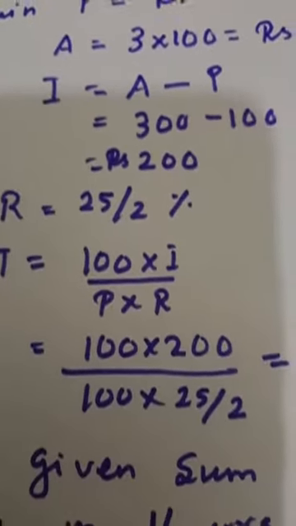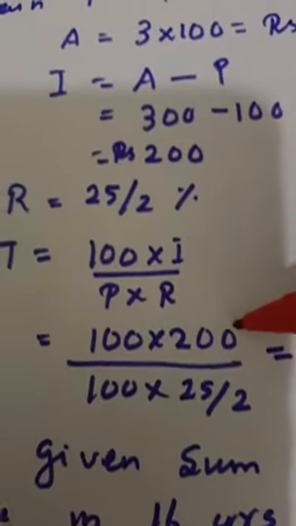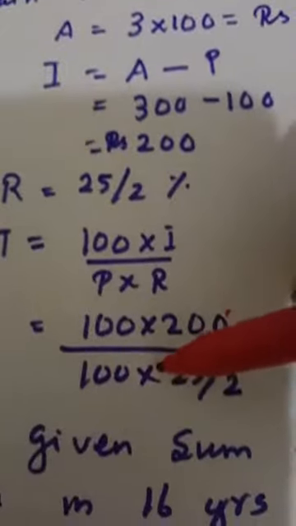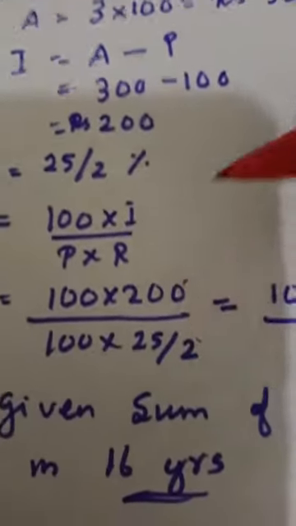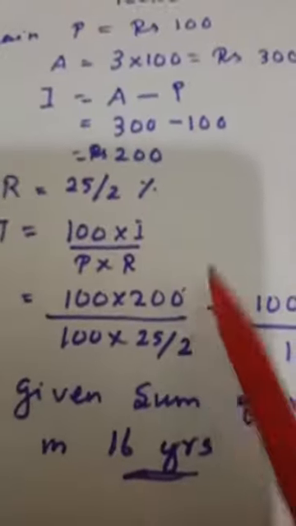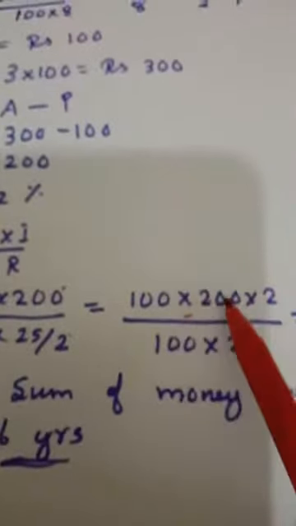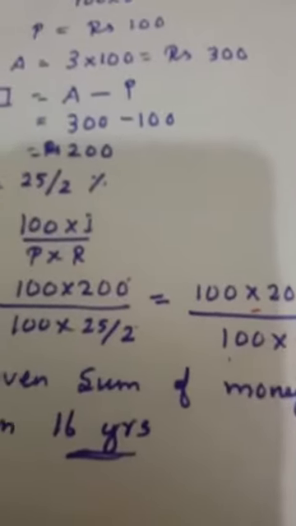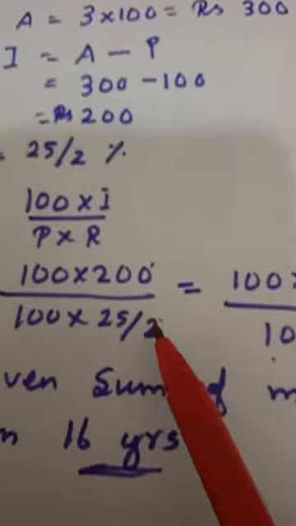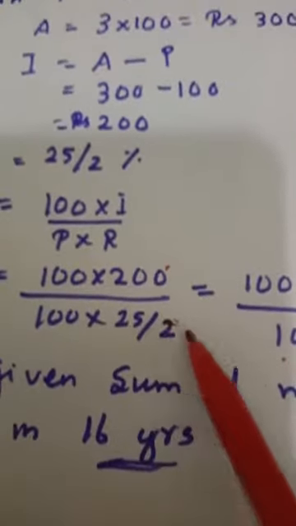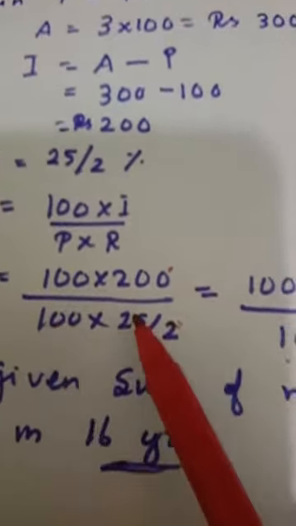100 into I by PR, that is 100 into I 200 by P 100 R 25 by 2. Now this 2 moves to the numerator. So 100 into 200 into 2 by 100 into 25. Otherwise you can cancel from here itself. 2 and 100, 50. So 50 into 25.